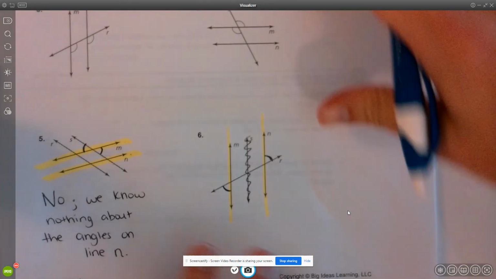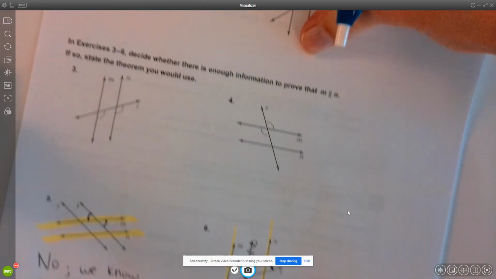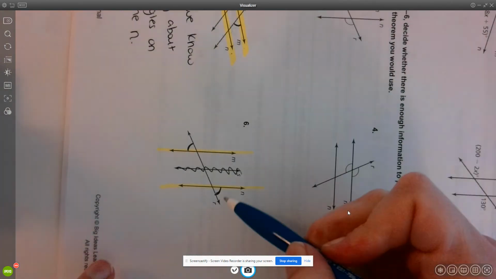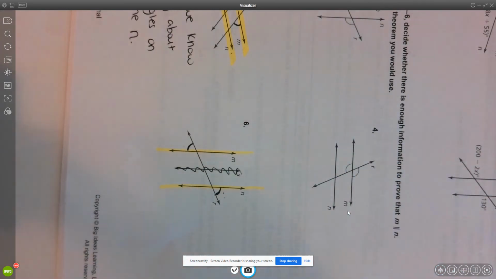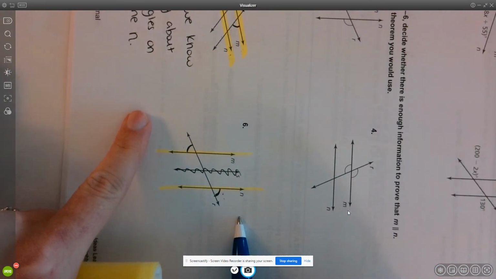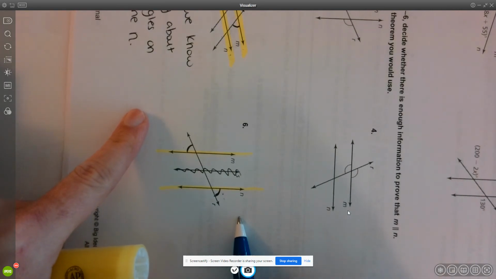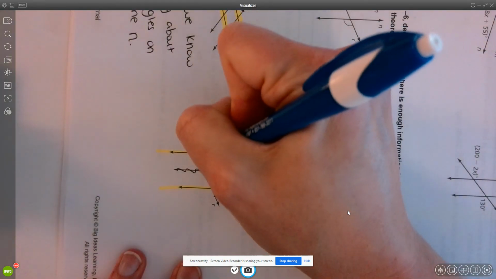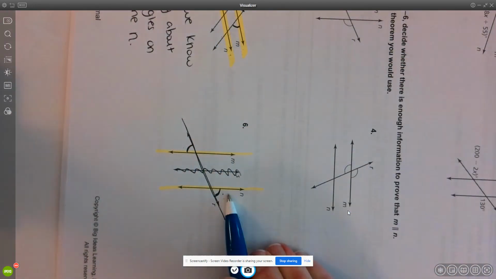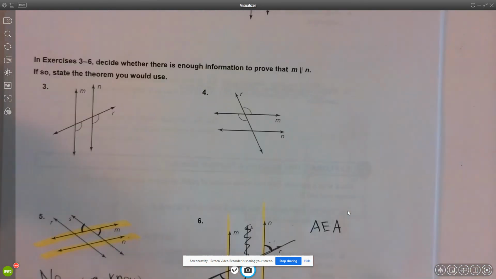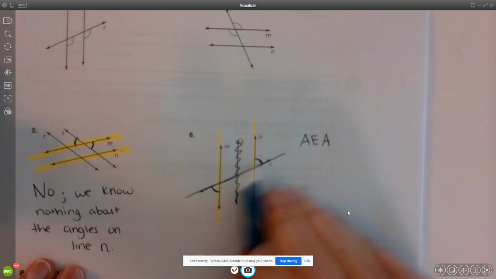I notice, and it might help you visualize better if you turn the page like this. That might work too for you. Notice these two angles. They are exterior angles because they are outside the two yellow lines. So they're exterior, and they are on opposite sides of this transversal. These two angles are alternate exterior angles. We know they're congruent.